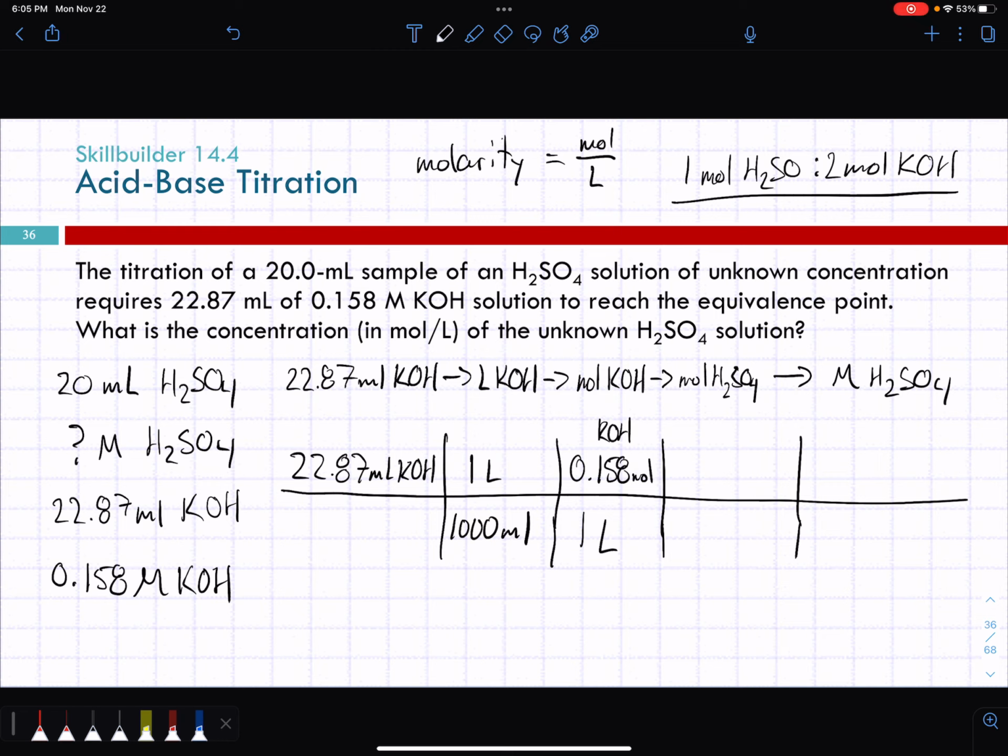And then to convert from moles of KOH to moles of H2SO4, that's where we need this 2 to 1, because sulfuric acid is diprotic. So we want moles of H2SO4, and we have 2 moles KOH that needs to react with it.